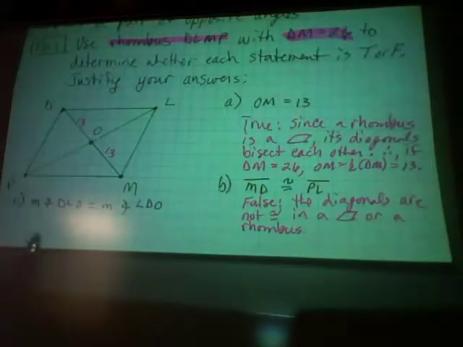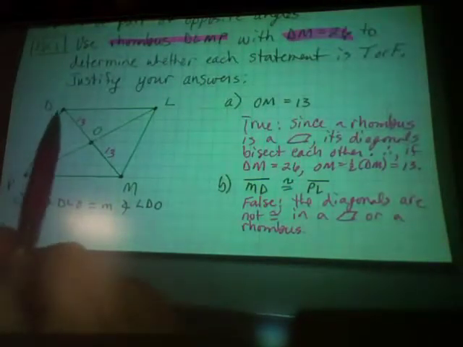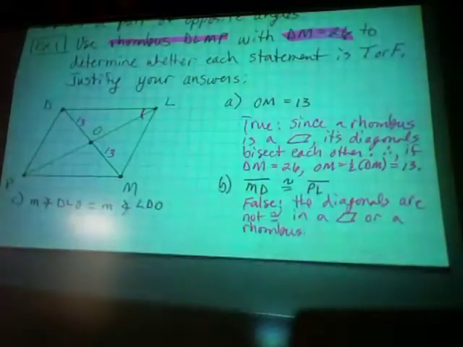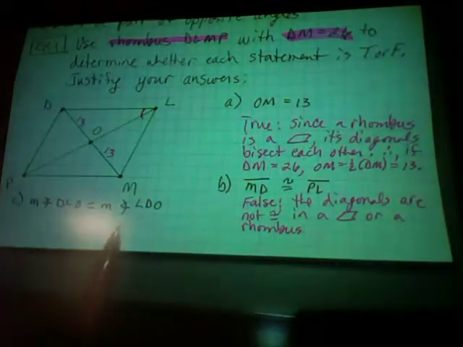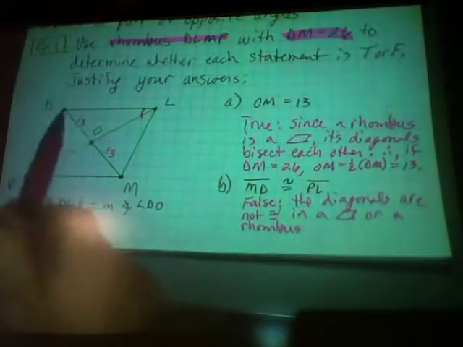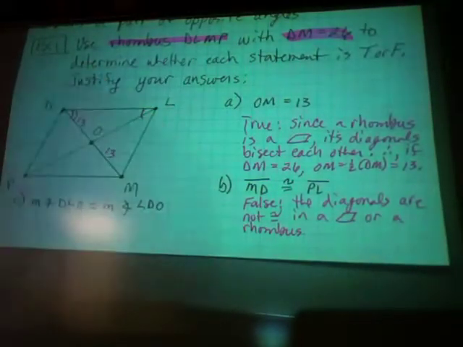So they want to say DLO, so follow with your fingers, DLO, that's this angle here. They want to know, is it congruent to LDO, from L to D to O, this right here.